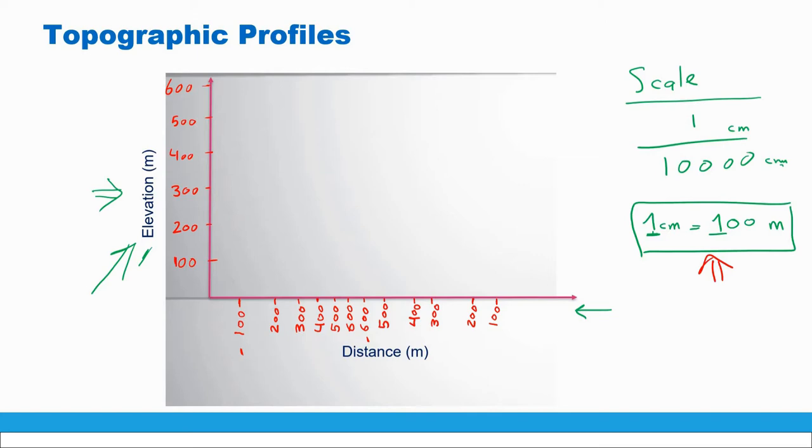Now we are going to draw some dots to mark the changes in the elevation. For example, this is 100 meters, so I'm going to locate a dot here for this one. For the 200 meters, I have this line, and this is the second dot, and so on for 300 meters.